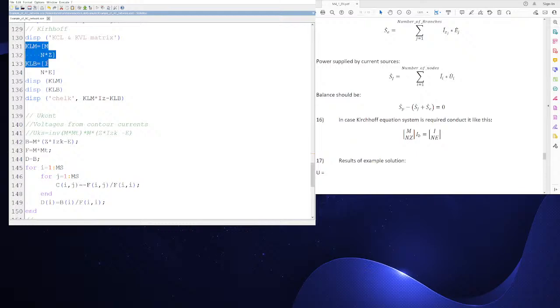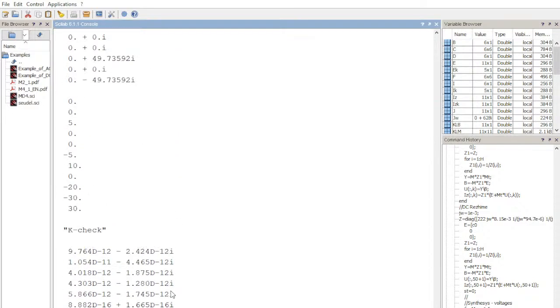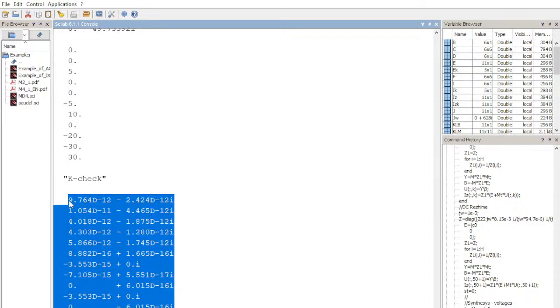So here it is, the Kirchhoff equation system, and I can check with the help of Kirchhoff's law. Here it is. Check with the Kirchhoff law. You can see very good results.